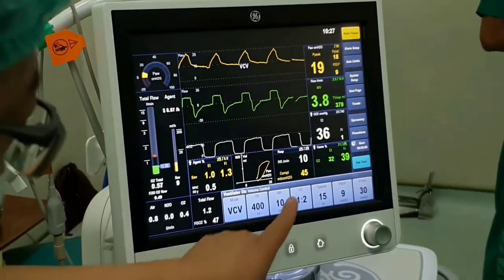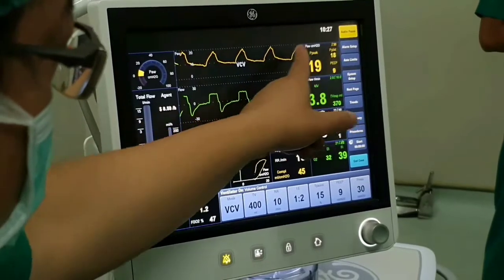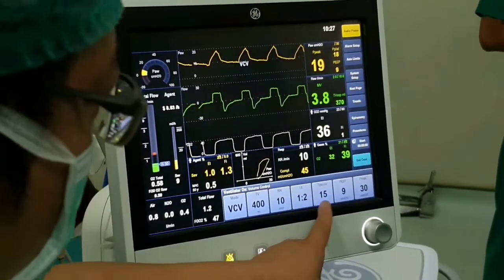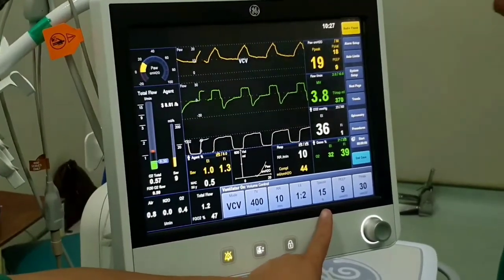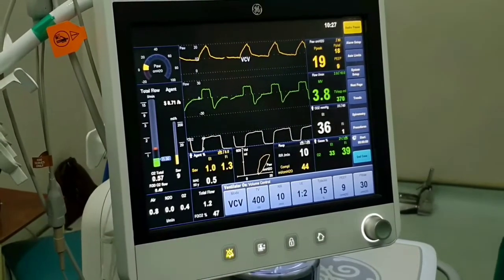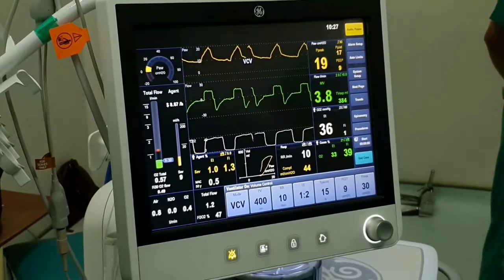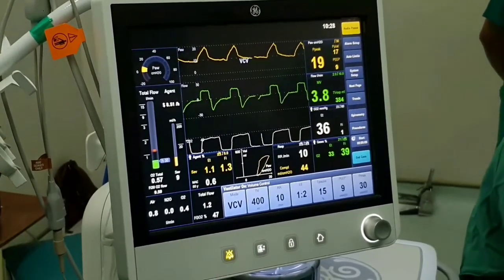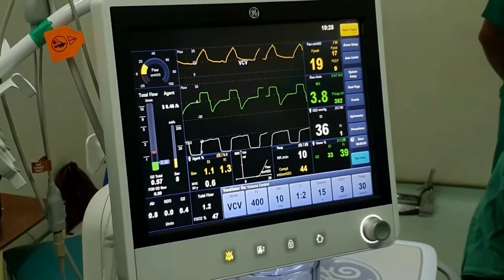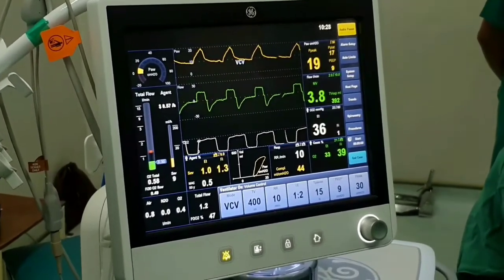So you can only get plateau pressure during volume control if you put in an inspiratory pause. It should be at least 0.2 seconds. If the inspiratory pause is too short, there's not enough time for the air in the lungs to distribute to the smaller, farther regions in your lungs.